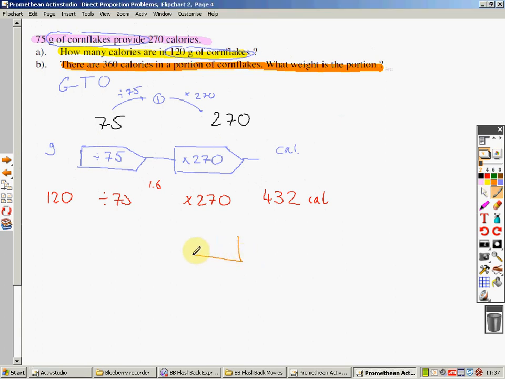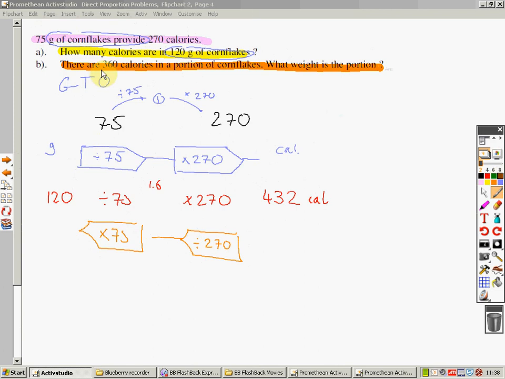So going backwards, we need to do the inverse of times 270. To undo that would be divide by 270. Instead of dividing by 75, to undo dividing by 75, we would times by 75. And now I can fill in my information.